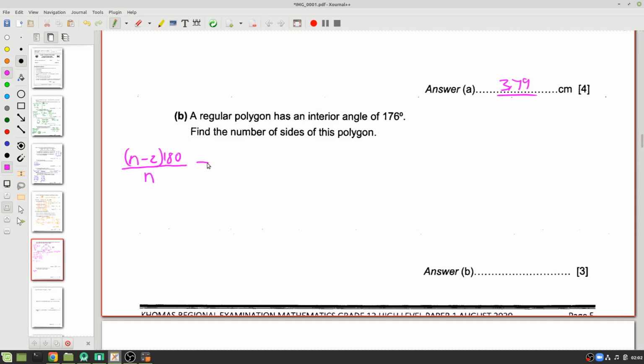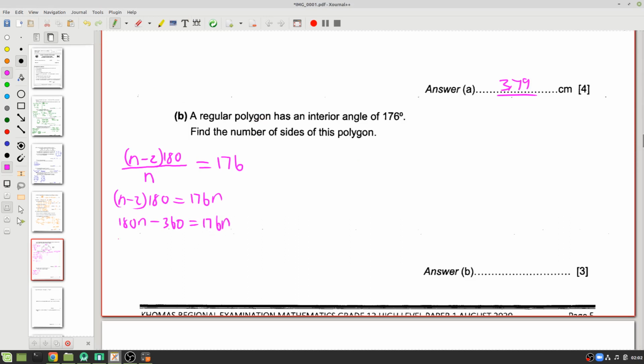In this case, we know the interior angle has a value of 176. So from here, we can just solve for n to get the number of sides. Let's multiply both sides by n first. So we'll have n minus 2 times 180 equals 176 times n. Then we can multiply the 180 in. So 180n minus 180 times 2, which is 360, equals 176n.